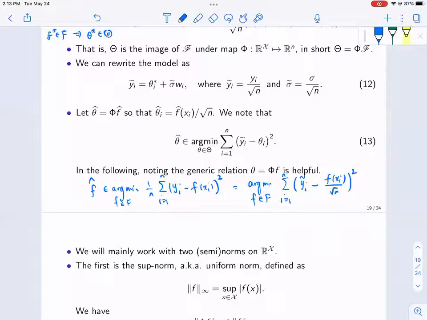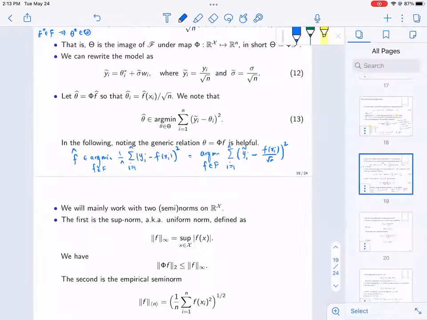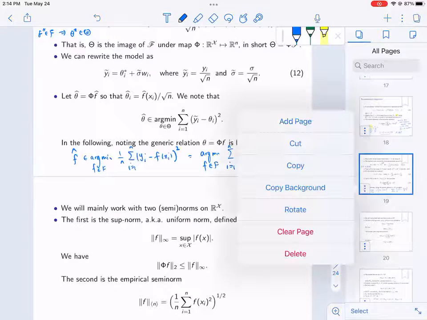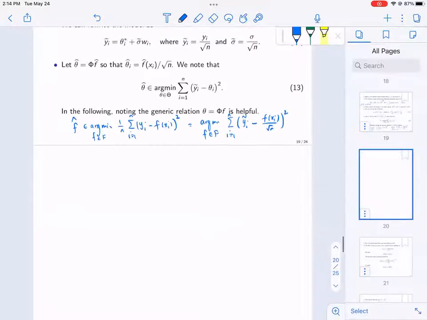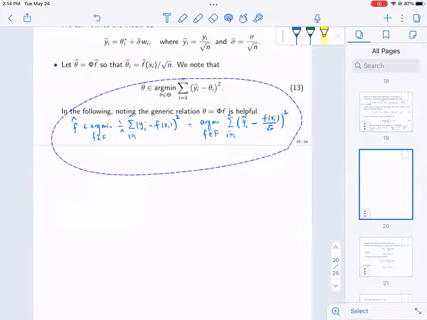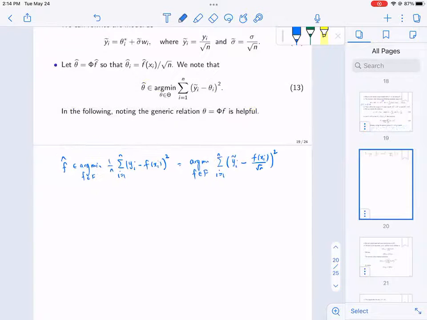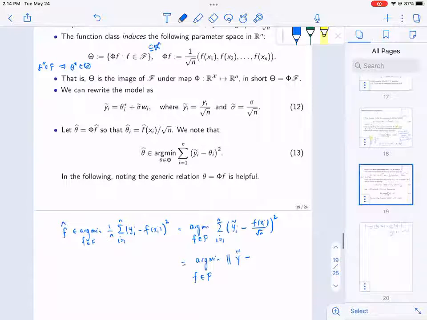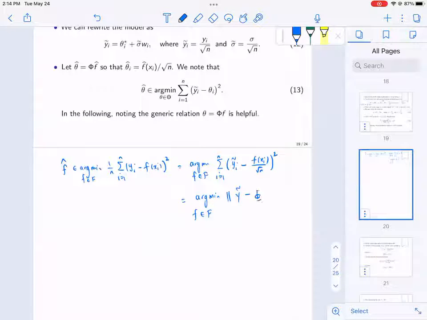So this is also equal to argmin over f in the class of the norm of y tilde minus this map phi applied to f, which gives me a vector. So now everything is in R^n.